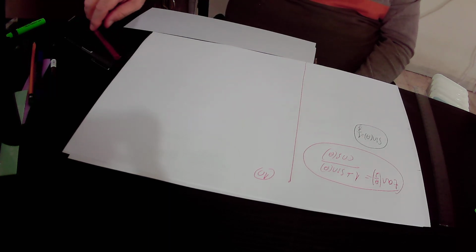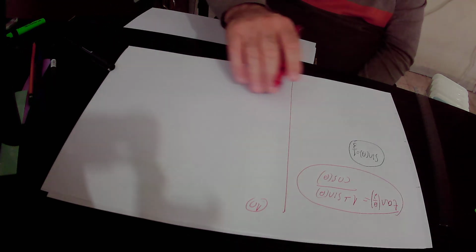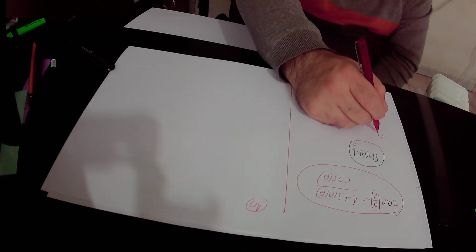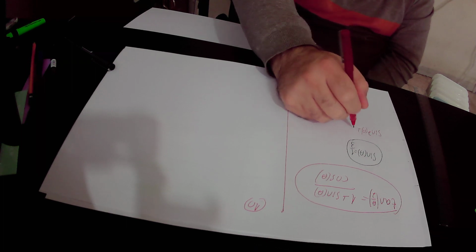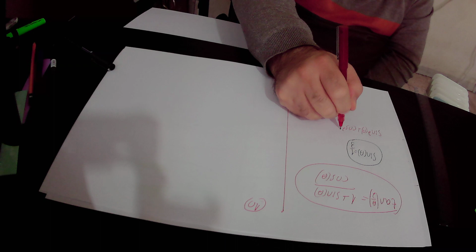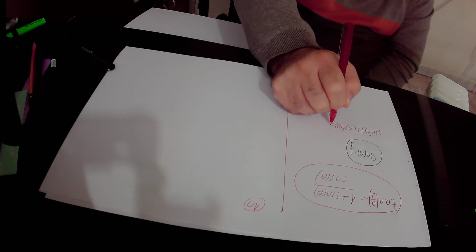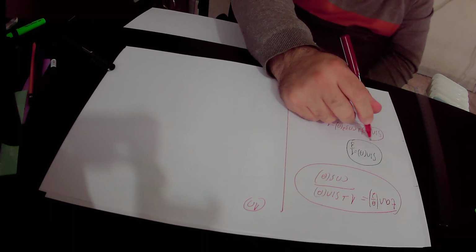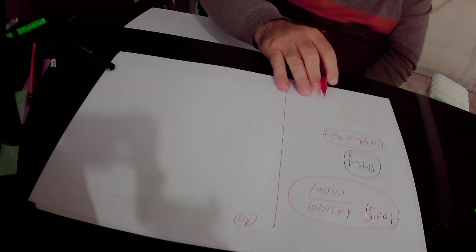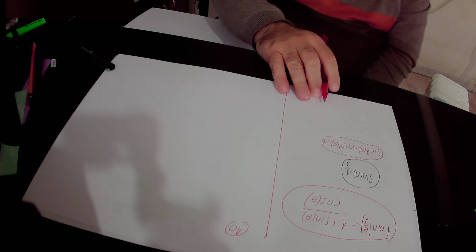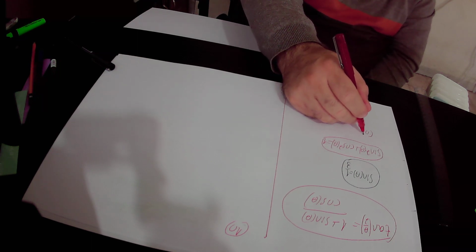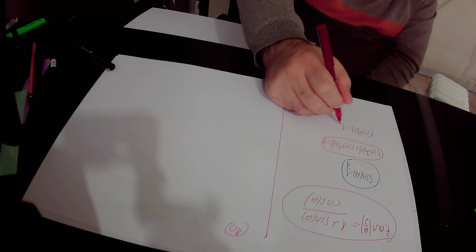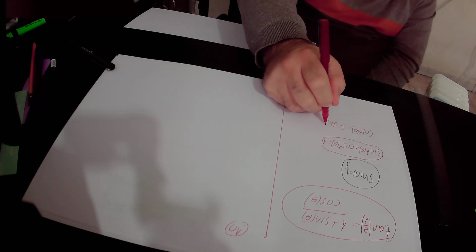We have the trigonometric identity that states that sine squared theta plus cosine squared theta is equal to 1. Here we subtract sine squared theta, and we will get that cosine squared theta is equal to 1 minus sine squared theta.